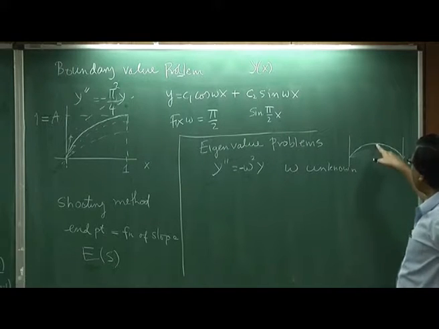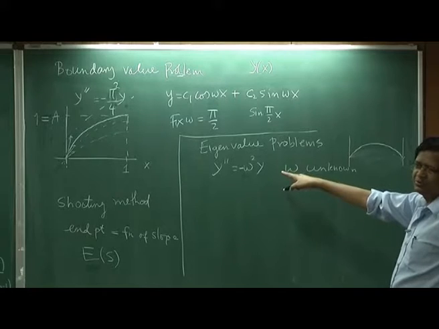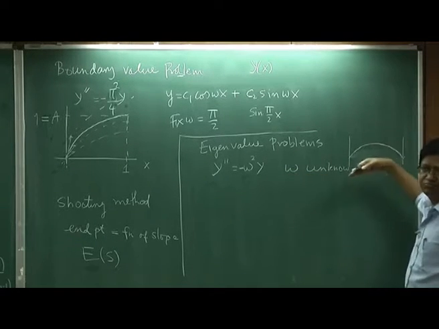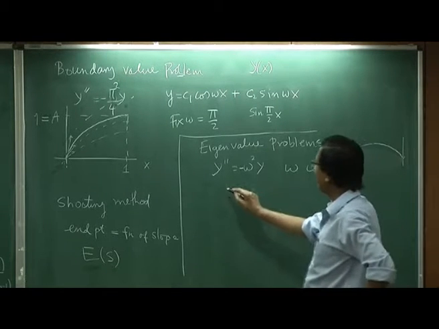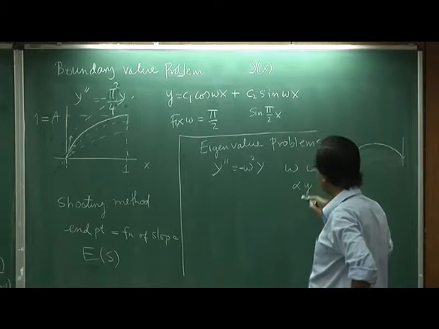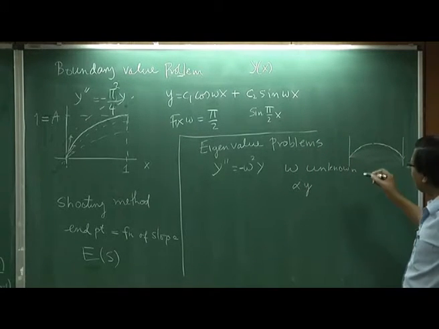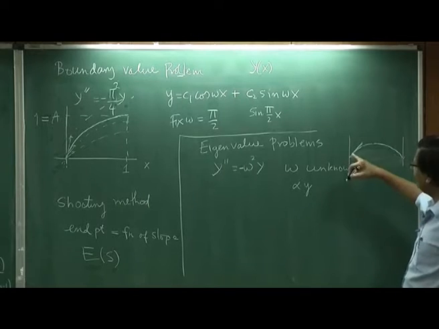Now, in this equation any amplitude is possible. If I multiply y by a factor, it does not matter. If y is a solution, alpha y is also a solution, correct. So amplitude can't be fixed, but I can give you the slope as well at the left point.